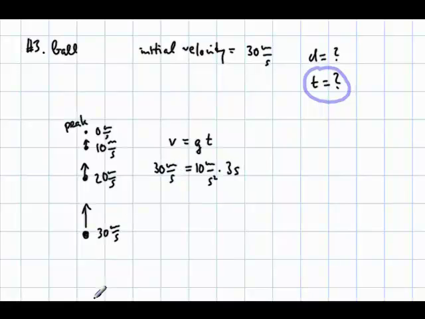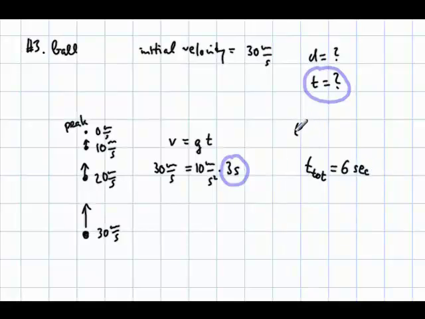So by symmetry we figure out that the 3 seconds that I have over here on the way down is also 3 seconds on the way up, which means actually that the total time comes out to 6 seconds.